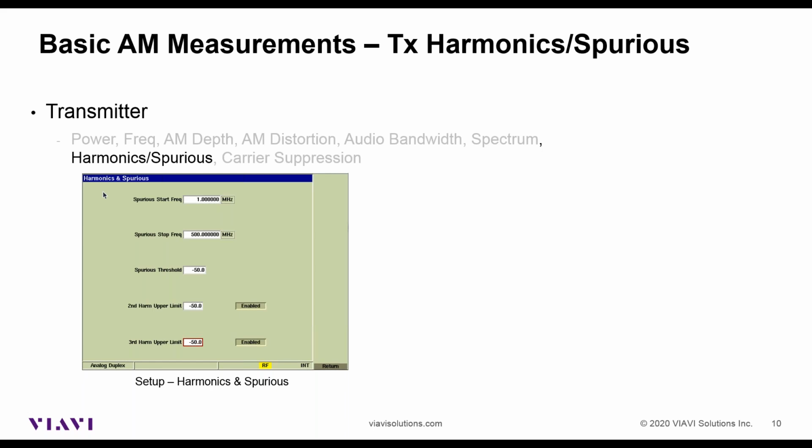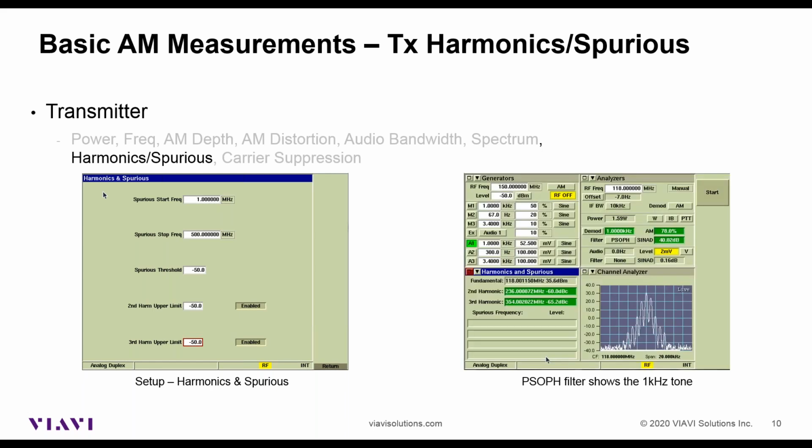I can set thresholds for a pass fail on spurious and thresholds for my second and third harmonics. And then what I do, I tell it to go, it will find the carrier, it will then go and find the second and third harmonics and measure those, and it will then do a spectral scan across my start-stop frequencies to look for any spurious that are, in this case, above -50 dBm, and again flag those as an error.